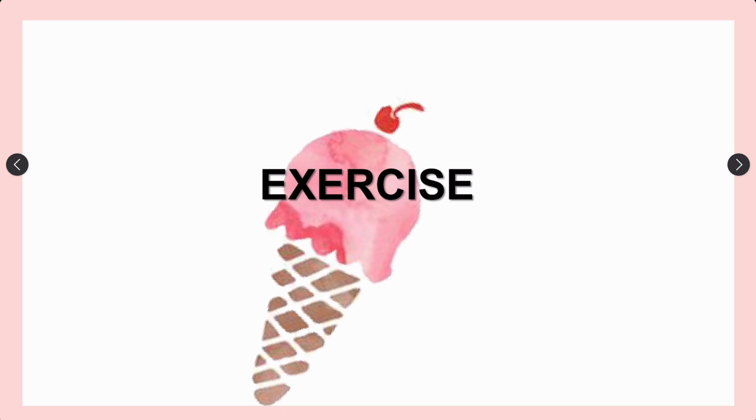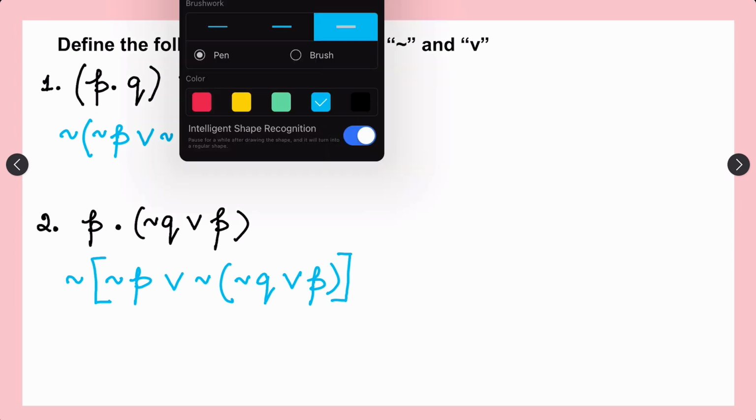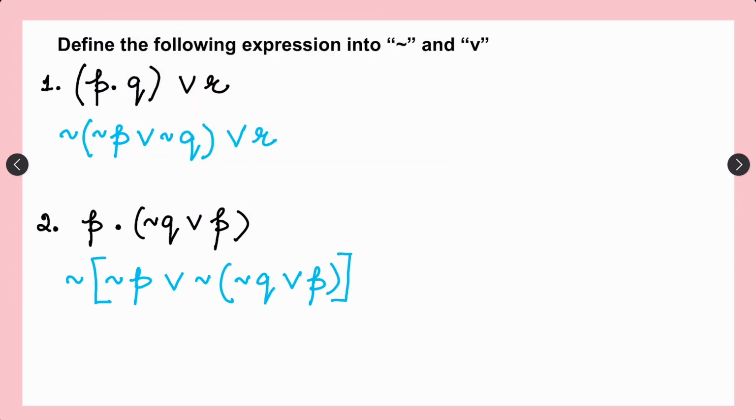So let's start with the first question. Questions in your exam will come like this: define the following expression in terms of negation and wedge. So the final expression you have to arrive at should be in negation and wedge. Now again you can write the formula assignment. For example, in this case this is already in wedge, so we don't have to change it.